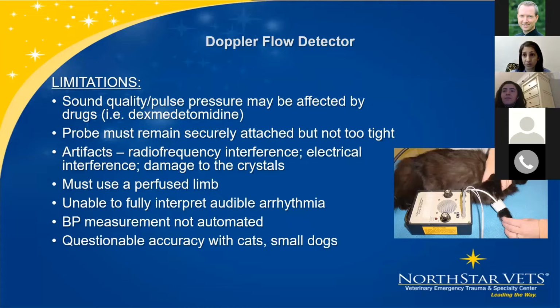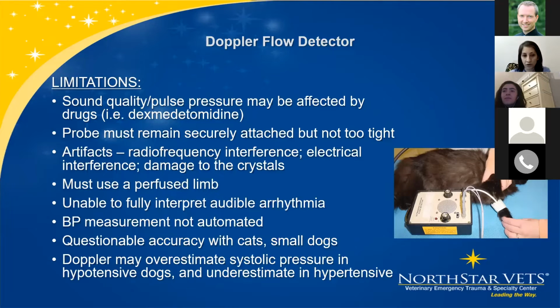And also depending on what drugs they've received. So another issue is that sometimes the Doppler does overestimate or underestimate blood pressure in the extremes of hypotension or hypertension. So it's not 100% accurate in terms of what number it is that you're getting, which we'll discuss a little bit more later.